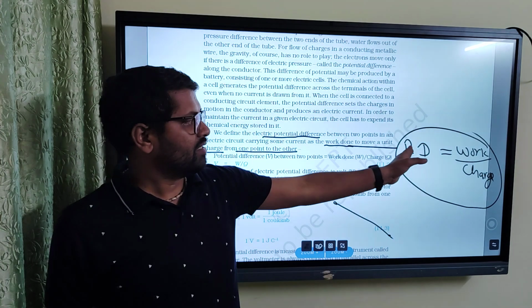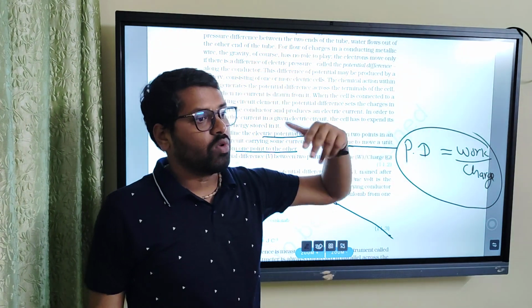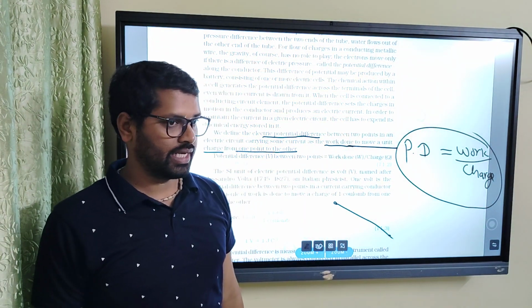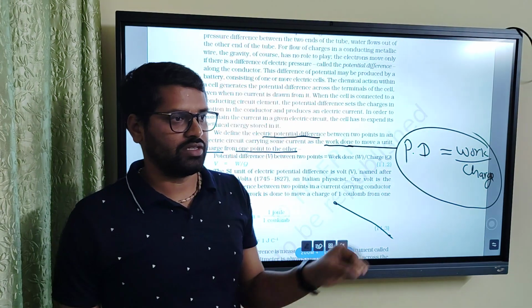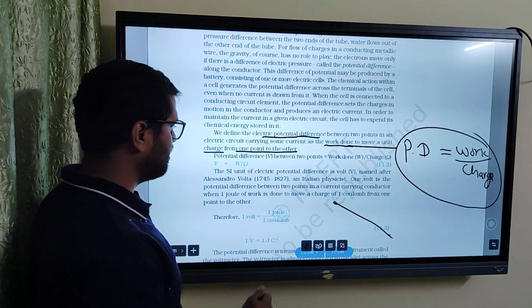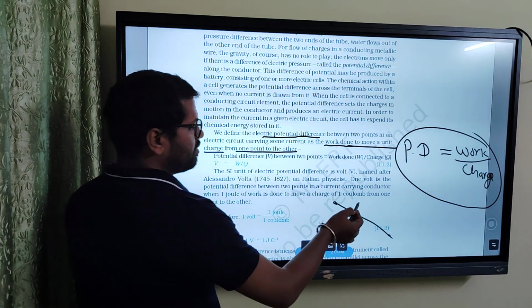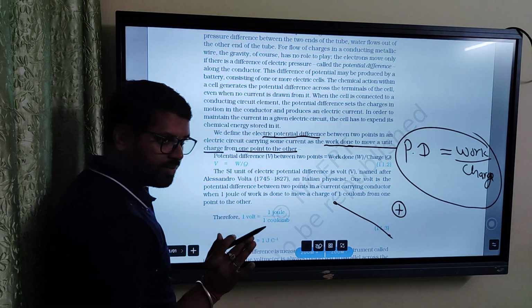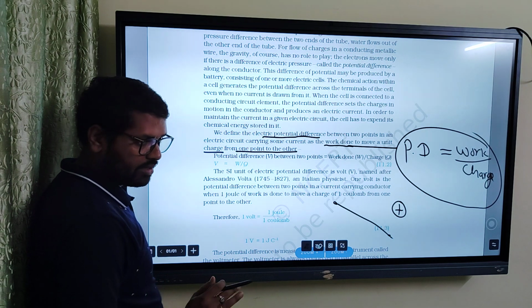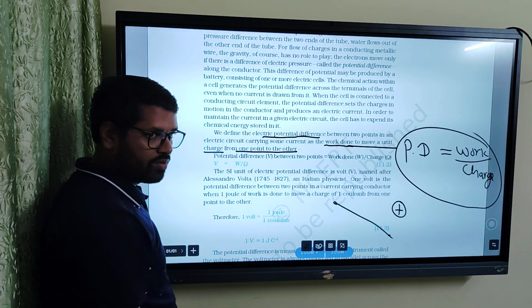So potential difference means some work you have to do in bringing a unit positive charge. You can understand it another way: suppose this is one charge here. Current means charge has to move.